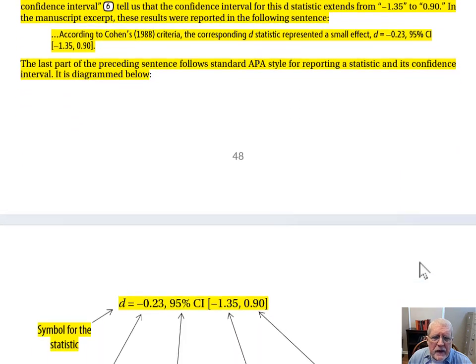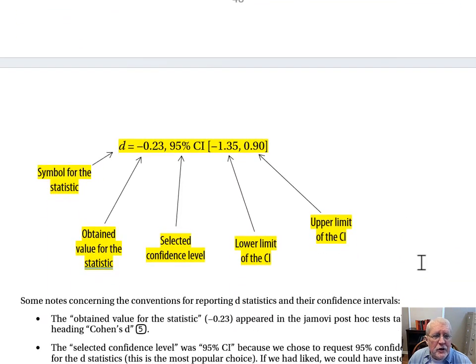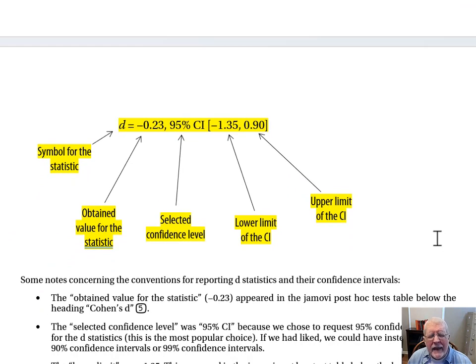I diagram it below. Earlier, I showed how to report an F statistic, which is a null hypothesis significance test. What about a D statistic, an index of effect size? The format preferred by APA style looks something like this. You begin with your symbol for the statistic.